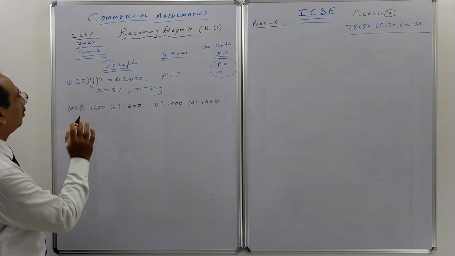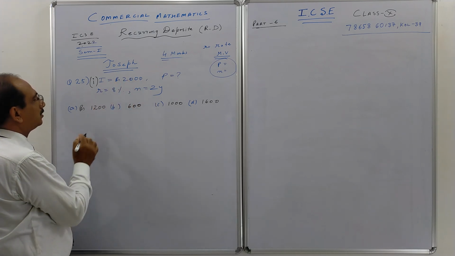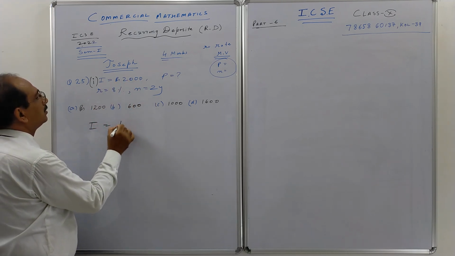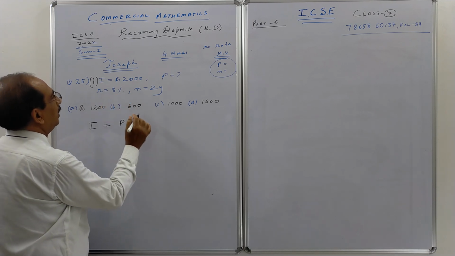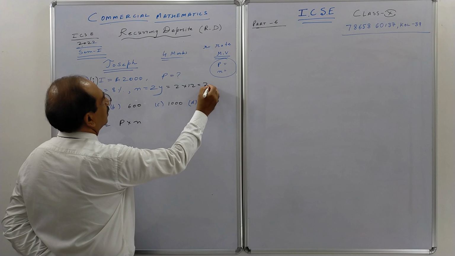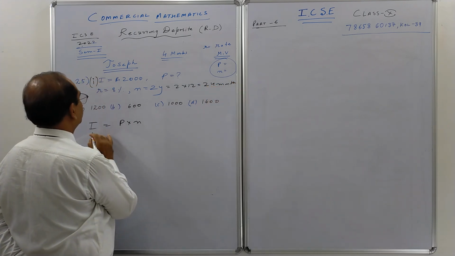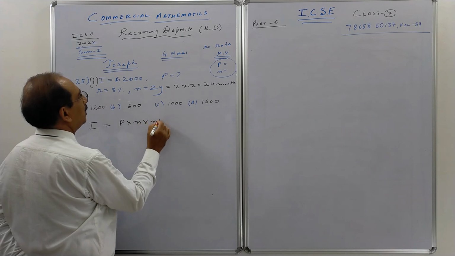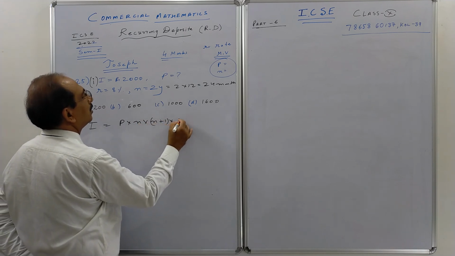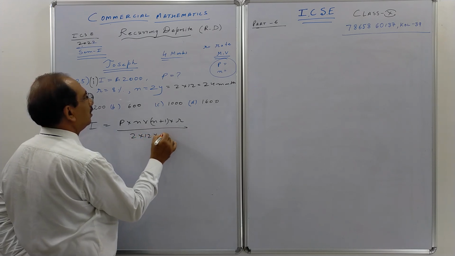So here we go. Number 1, we have to find the monthly installment when interest I is given and time too, children. First we convert it to months. So here we go, I is Pn and same formula, but here, children, 2 into 12 into 100.